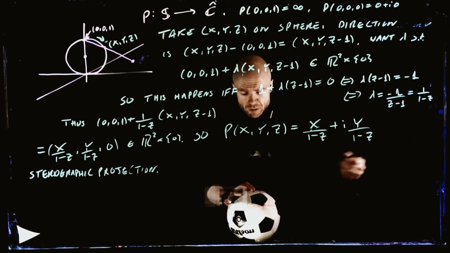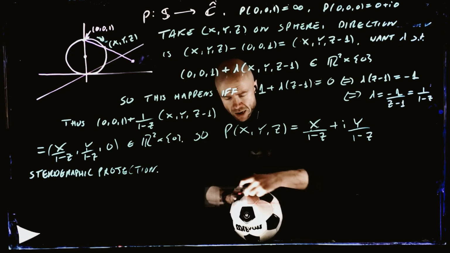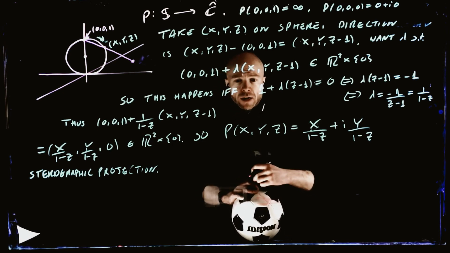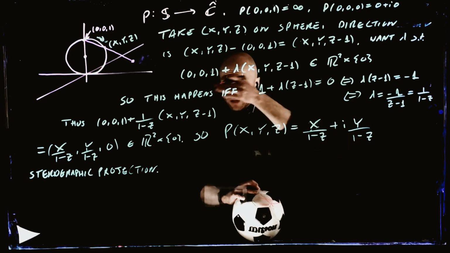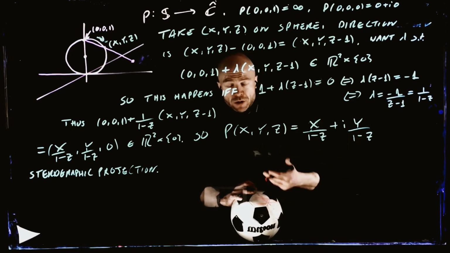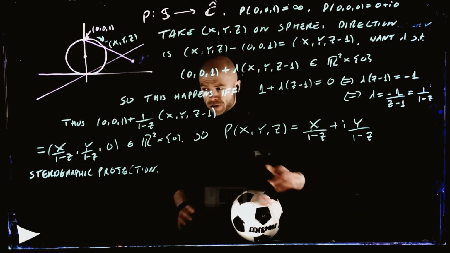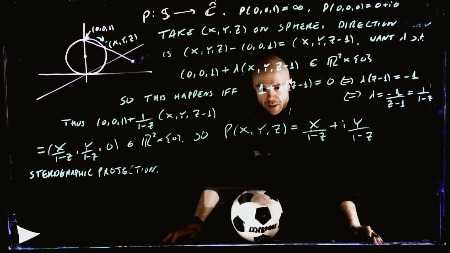And in fact, that's generally true, that if we look at any two paths on this sphere, and then map it with this mapping P, then the angle of the images will be preserved. In other words, it's preserving angles. It's a conformal mapping from the sphere to the complex plane. Yeah? And that's a harder thing to show, but again, it's a calculation. You can check it for yourself from this explicit expression.